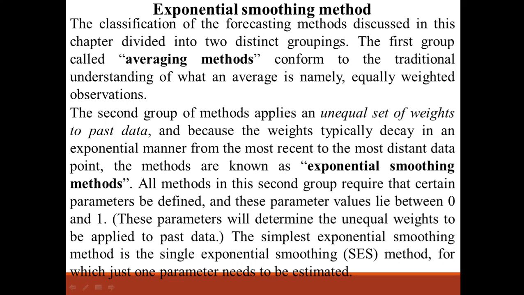All methods of this second group require that certain parameters be defined. Certain parameters here will be alpha, for example, and these parameter values lie between 0 and 1. This parameter will determine the unequal weights to be applied to past data.